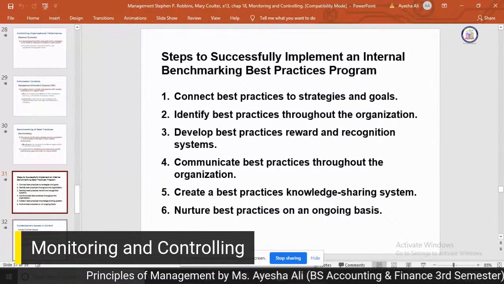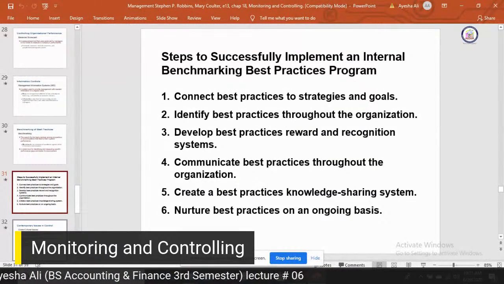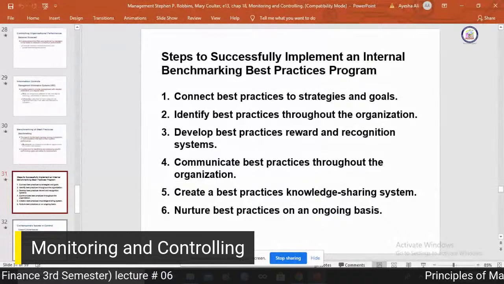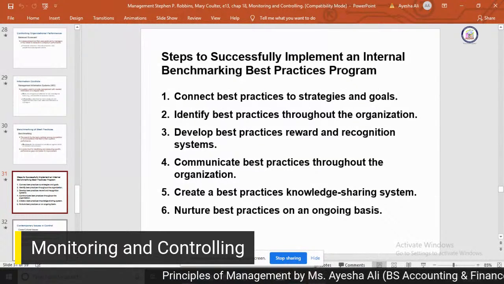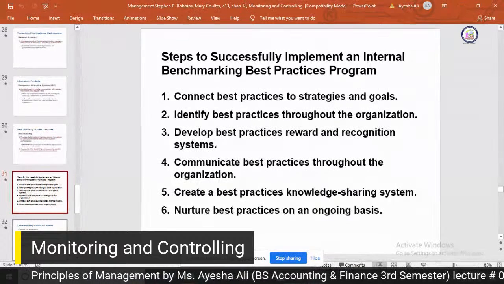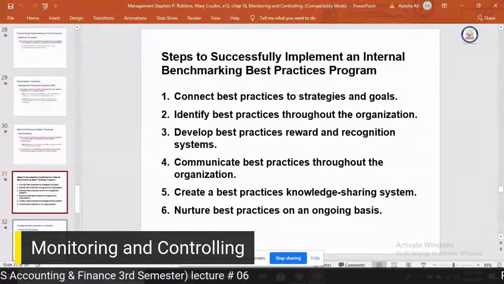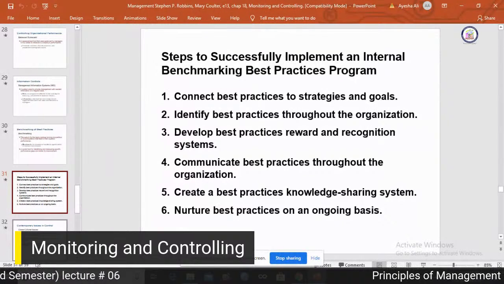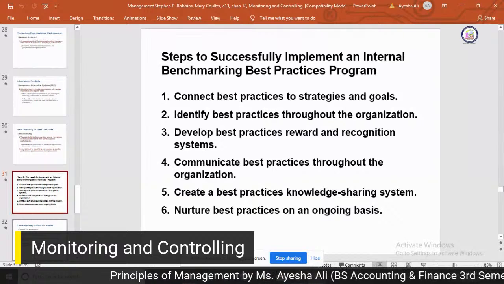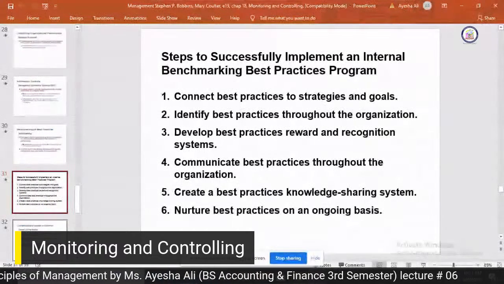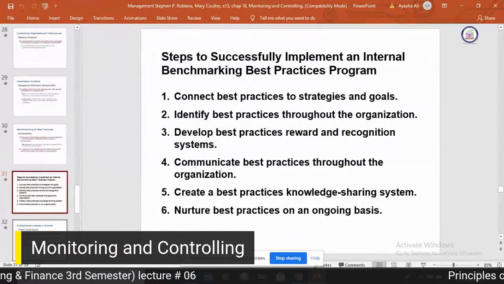So then we have to create a best practice knowledge sharing system. We have to share our knowledge about the best practices with others and with our team members. So in this way, everyone knows about the benefits and the potential growth and development of all the best practices.